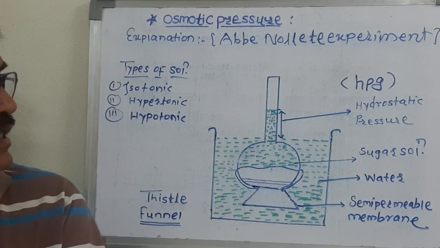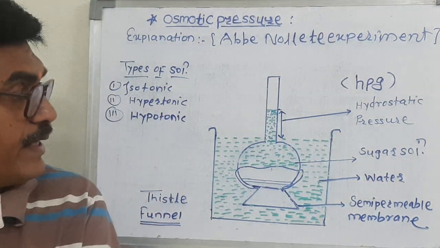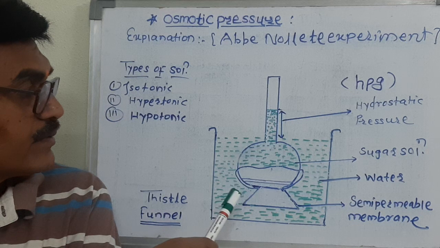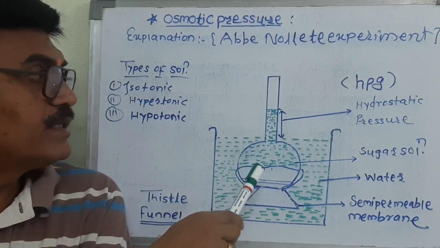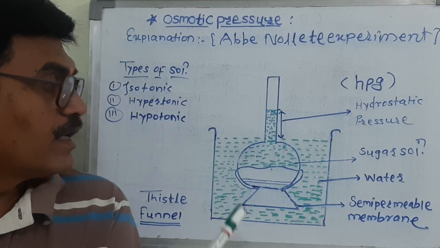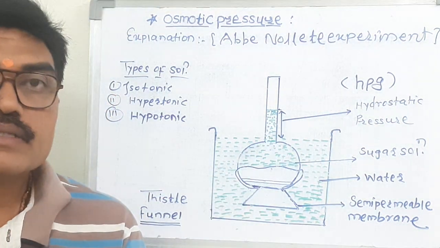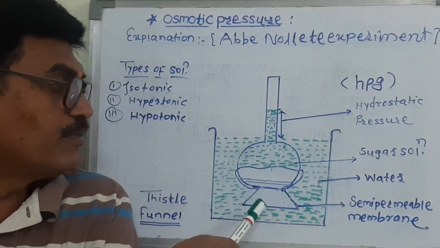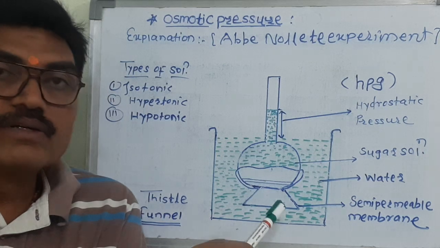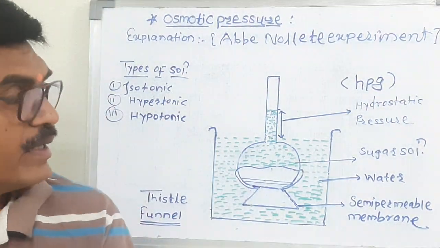So by measuring the hydrostatic pressure, that is the excess mechanical pressure, it is possible to determine the osmotic pressure.